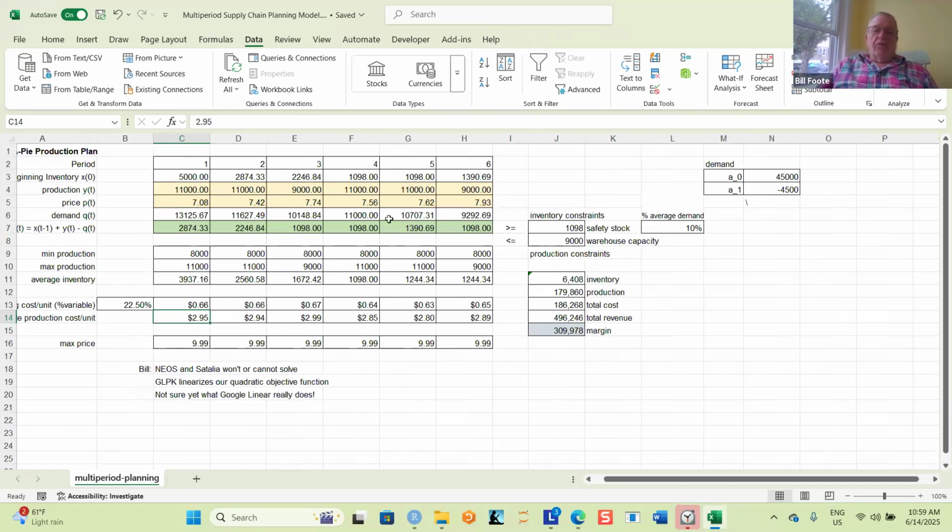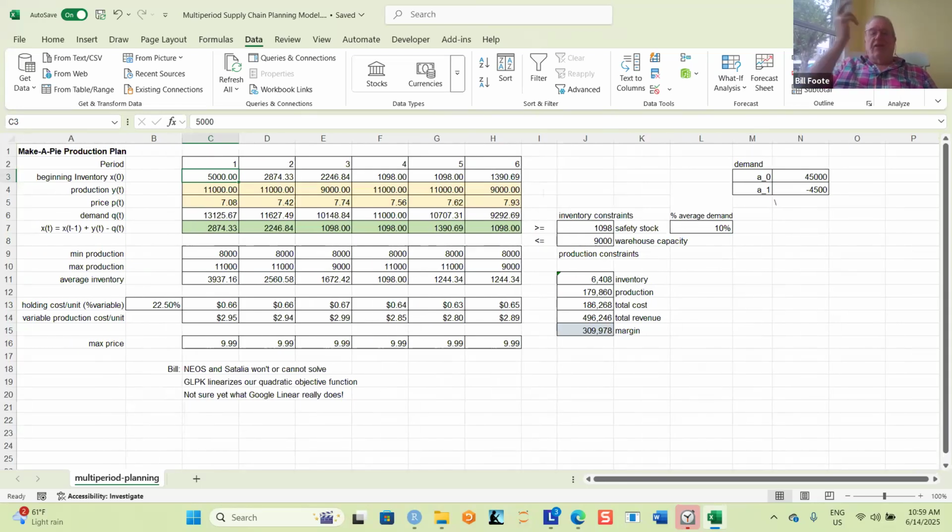Okay, so this is around the world. Let's just walk through it once. We start with this 5,000, might be 7,000, whatever it is. We add production. We add demand, and demand is price times units sold.